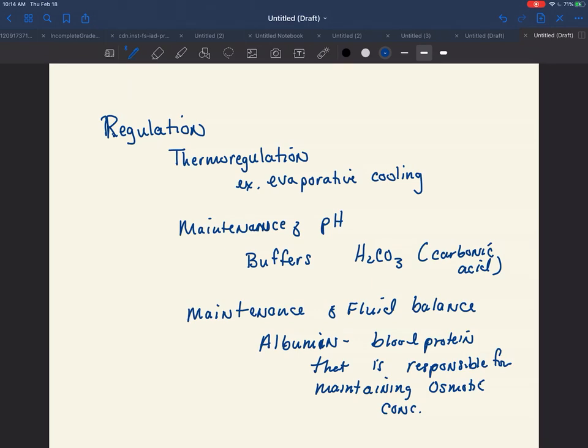We're going to talk about capillary exchange and how stuff is forced out of the capillaries, but then it is also picked back up by the capillaries. And so albumin, you might have seen this word before because this is actually the protein that is found in the egg whites. So albumin is also found in our blood.